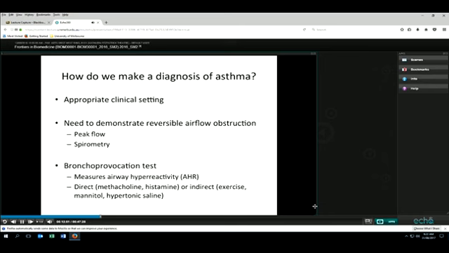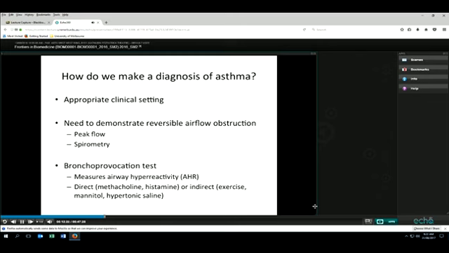It is the clinical setting that allows us to make a diagnosis of asthma, and of course there's a number of causes for wheeze. There's most obviously COPD as an alternative cause for airway obstruction, but it's the clinical presentation that tells us about the diagnosis of asthma, and that usually is acute onset wheeze and breathlessness, but significant day-to-day variability, and possibly with the presence of an obviously identified trigger for asthma.